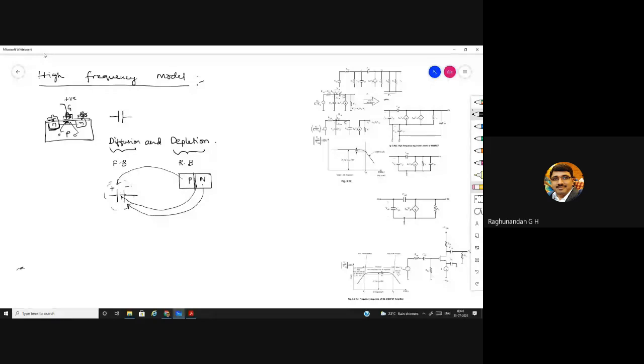Here, on what basis are we going to tell diffusion and on what basis are we going to tell depletion? Say whenever a PN junction is forward biased, during that time the depletion layer is going to reduce. When the depletion layer reduces, the junction starts reducing. It is just like you are bringing two plates closer to each other.